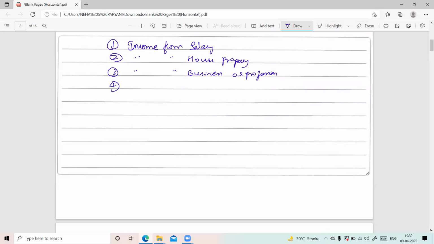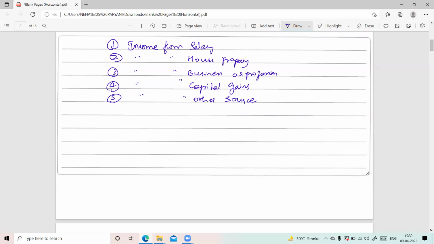The fourth head of income is income from capital gains, which could be long term or short term. And the fifth head of income is income from other sources. The income which does not come under any of the above four heads will come under income from other sources. In our previous class, we have discussed it in detail.